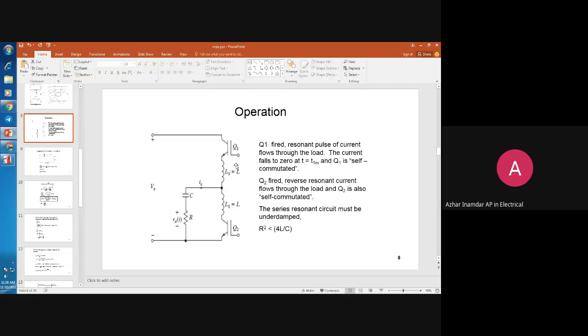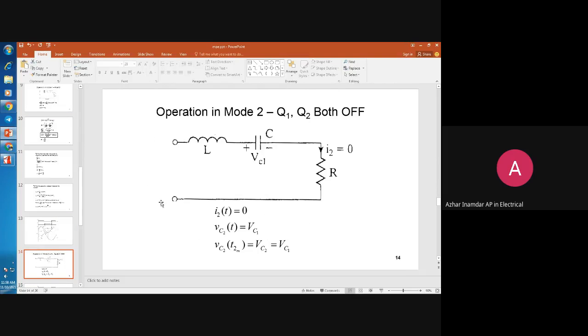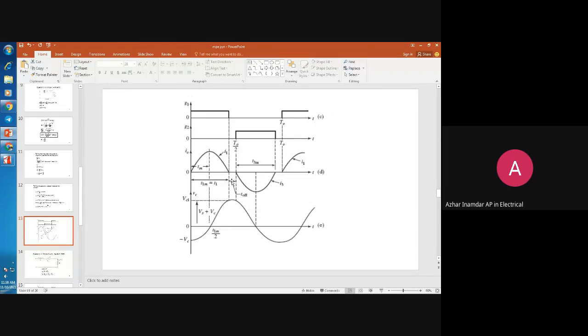For mode 2, if Q1 and Q2 are off, the circuit that remains is L, then C, then R. This mode is valid from 0 to T2m. This is your T2m, this portion, the dead portion.